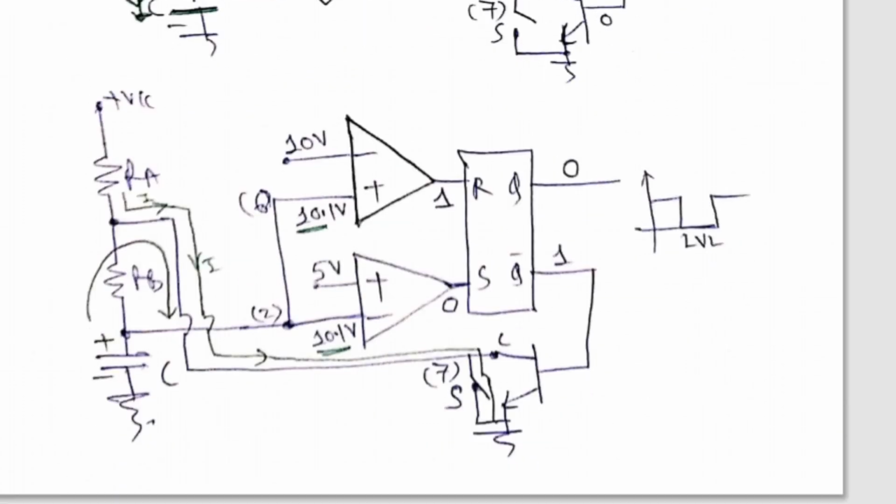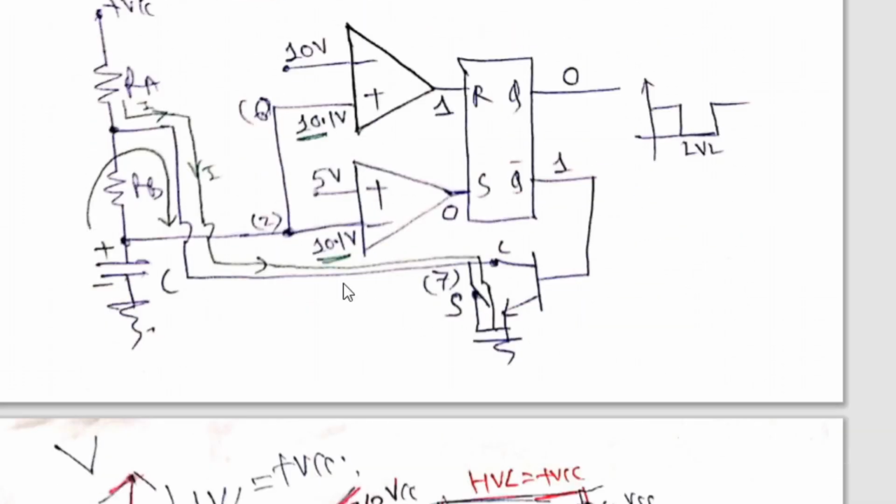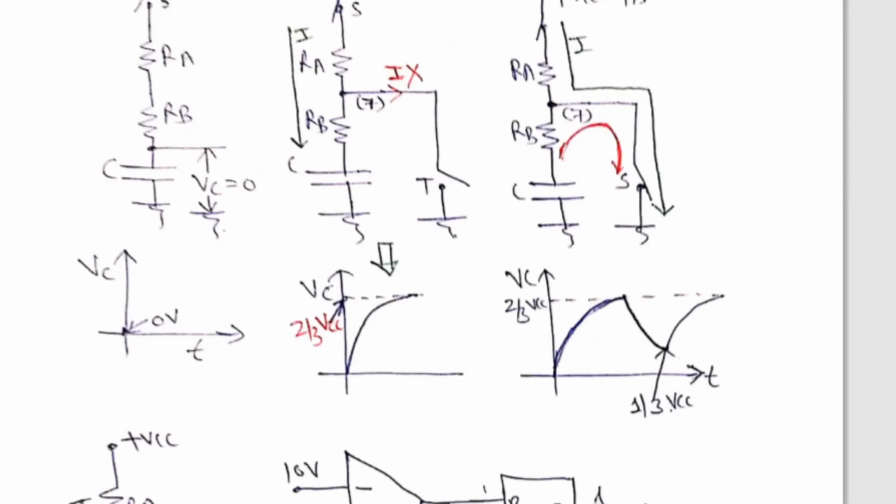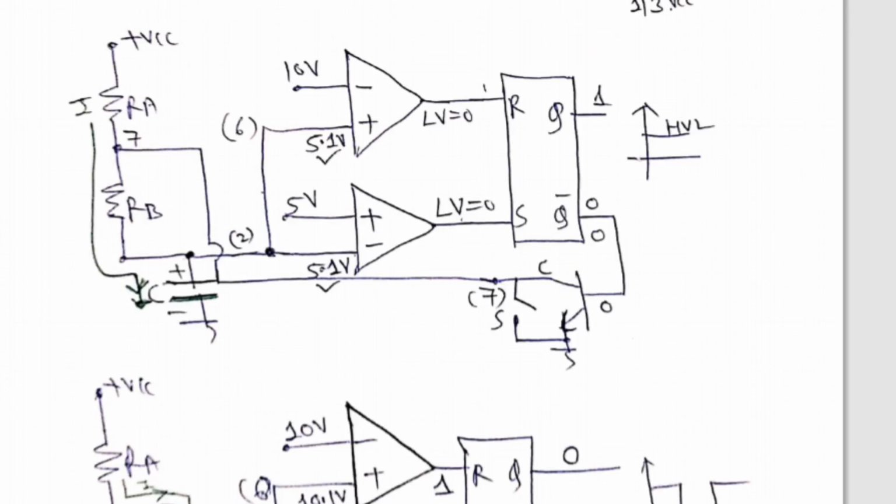So let us come here. Yes, now look at this. We have shown here 10 volt because it is a fixed two thirds. We have shown here 5 volt because it is fixed one third.